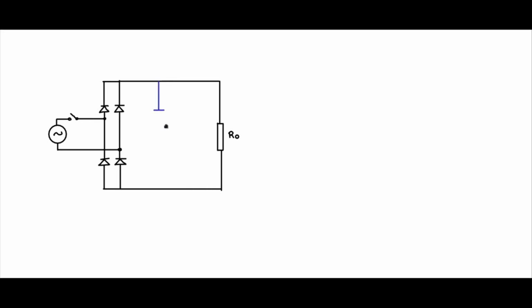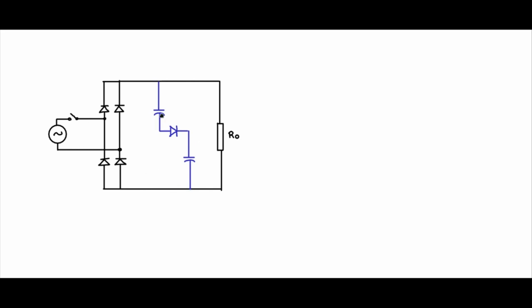I will now split the capacitor into two parts in this fashion. So you see that now I have two capacitors in series. So when you connect this, when the capacitors are getting charged, it will charge up in this fashion.